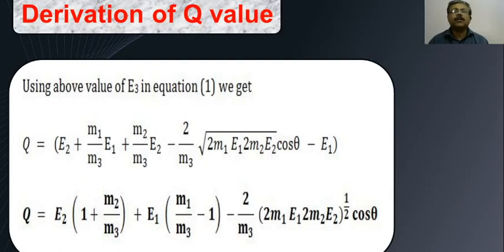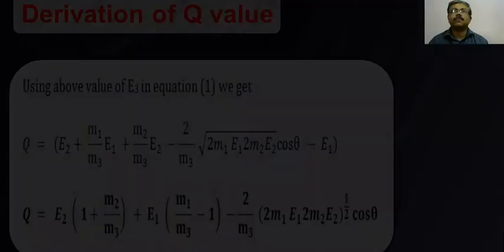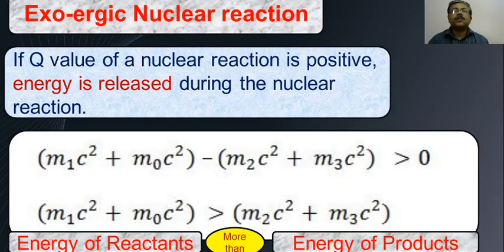Now, interestingly, we can see here the Q value can be positive or can be negative. Let us look into these two distinct cases. Supposing Q is positive, that is Q is more than 0. In this case, energy is released during the nuclear reaction. We call this an exoergic nuclear reaction. The energy of the reactants is more than that of the products.